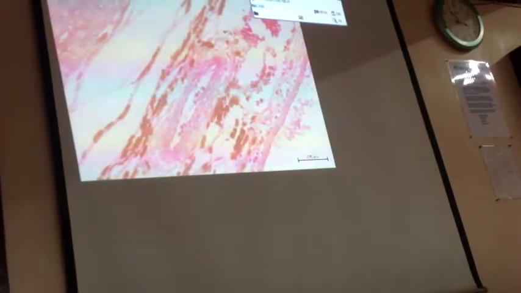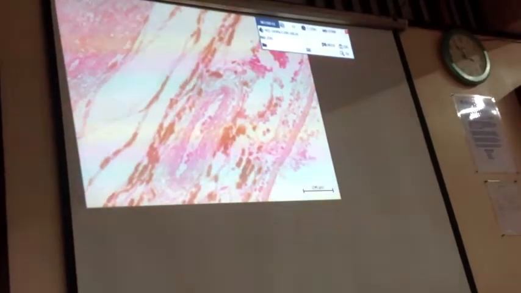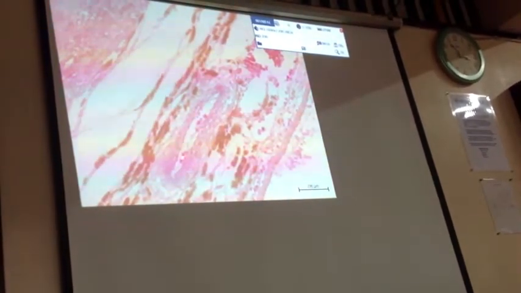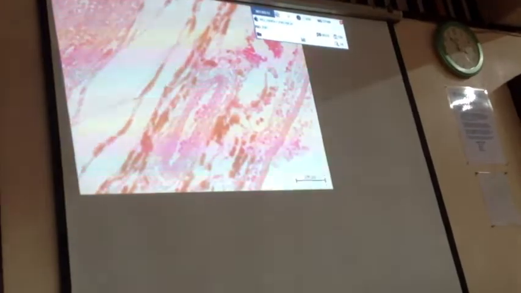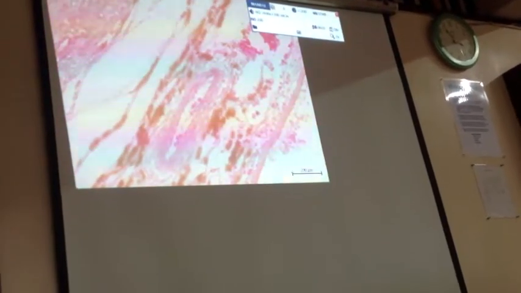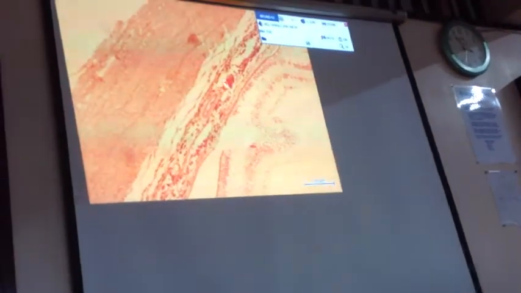Also present is a structure that contains red blood cells, an artery. So there are blood vessels and melanin pigments in the choroid.